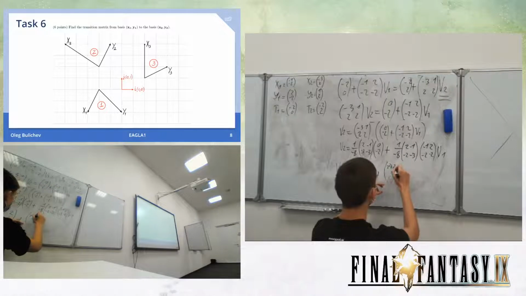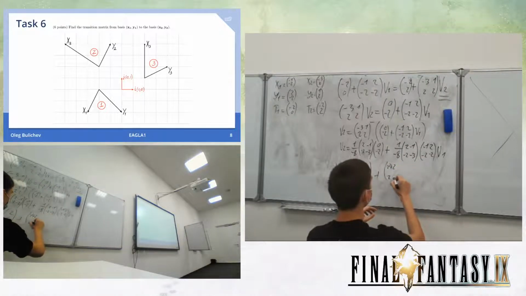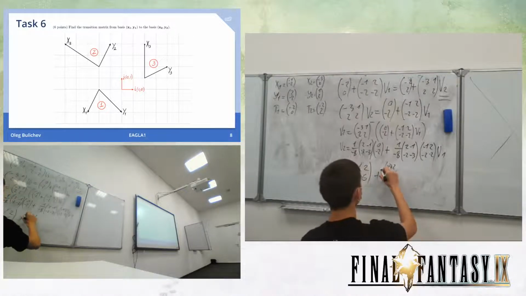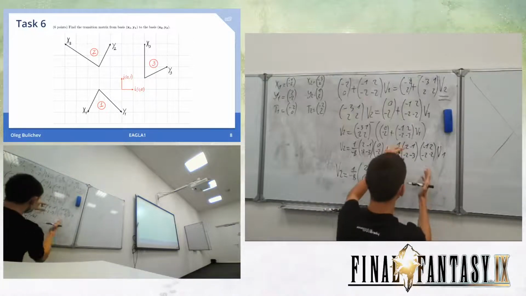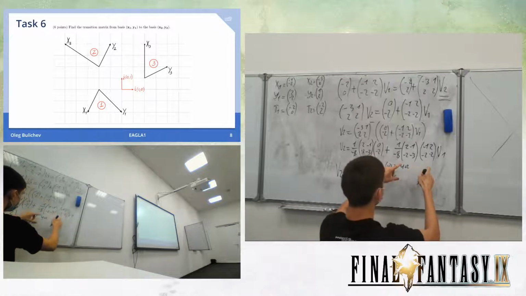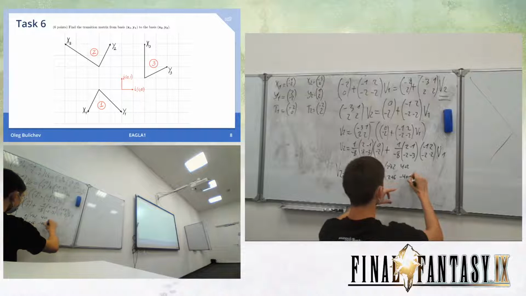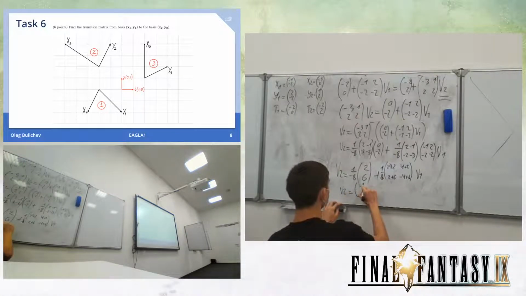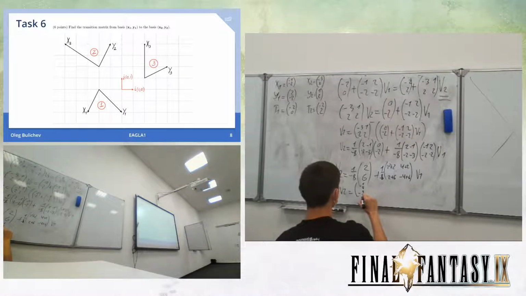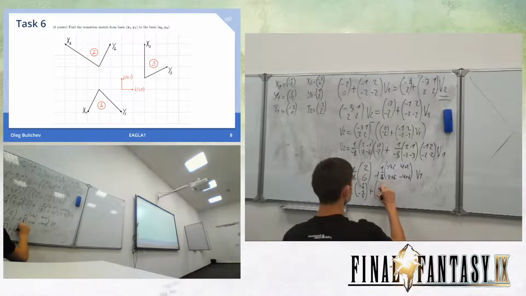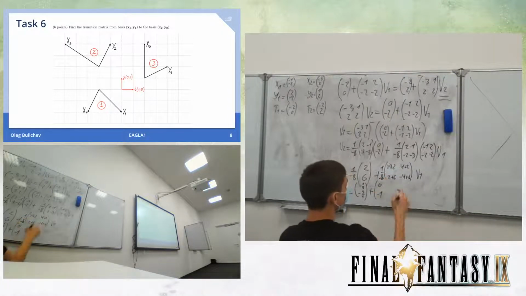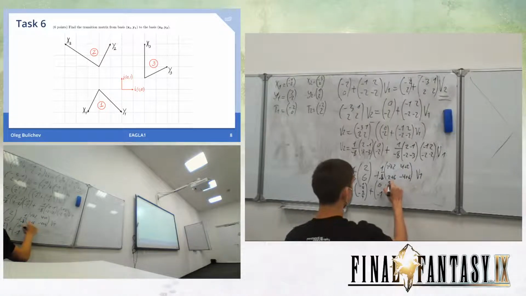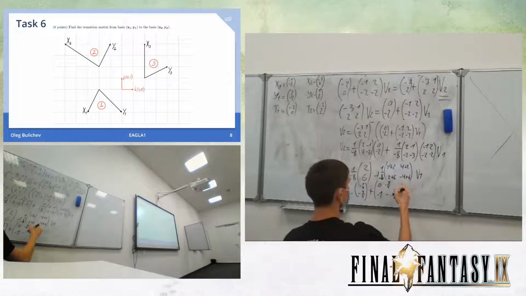Minus 2. 5, 2, 6, 8, 8. 4 plus 2 and minus 4 plus 6. One. Minus 1 over 4.